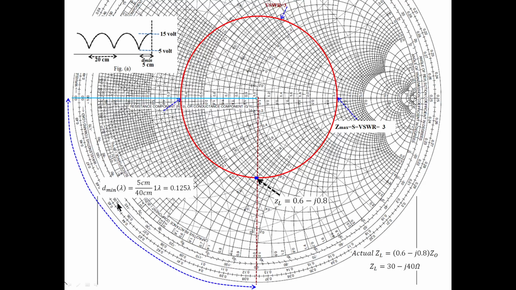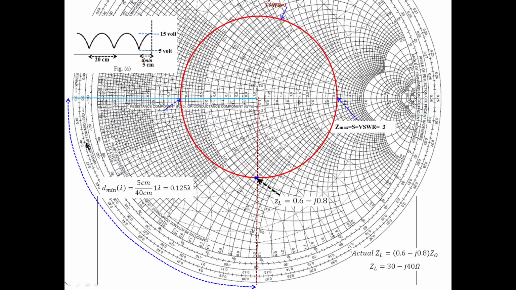How much distance do you have to move? 0.125 lambda. See, if you move one small division, it is 0.01 lambda. Two divisions, 0.02 lambda.